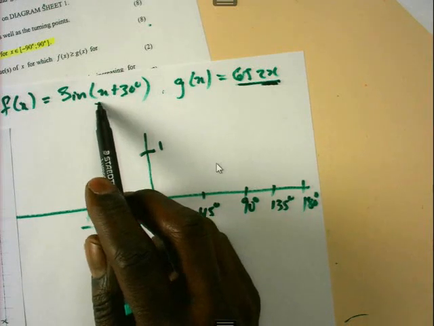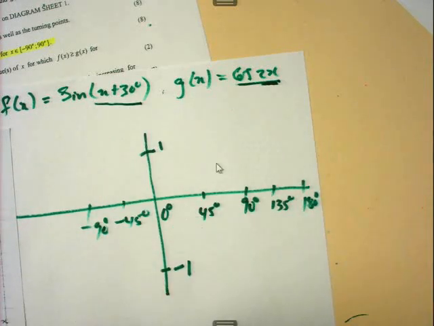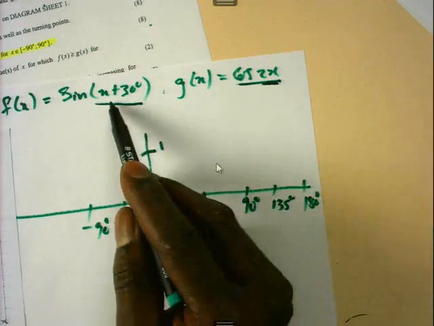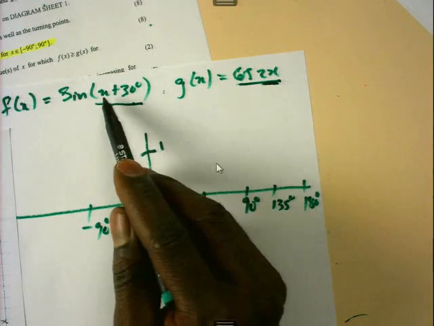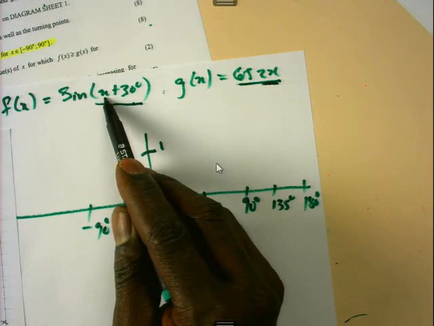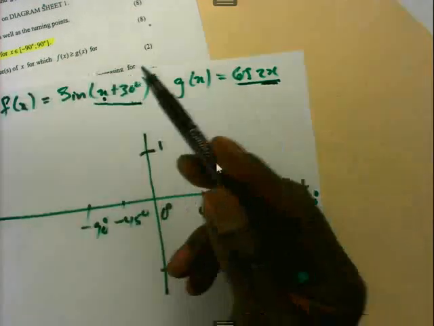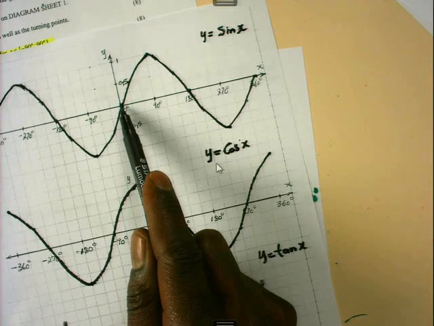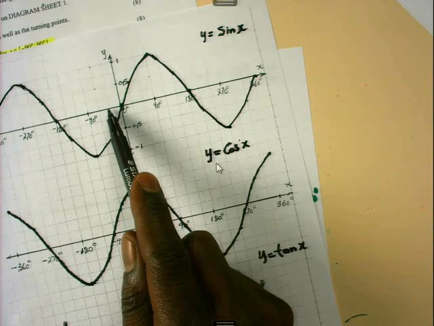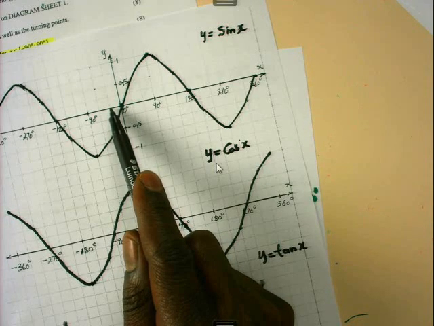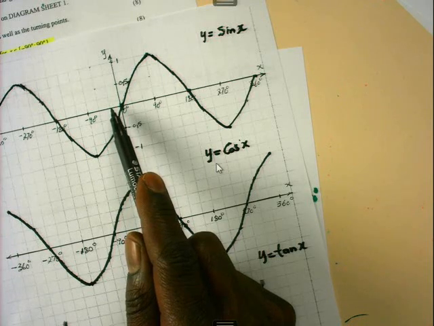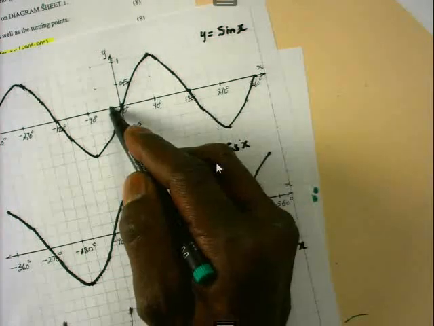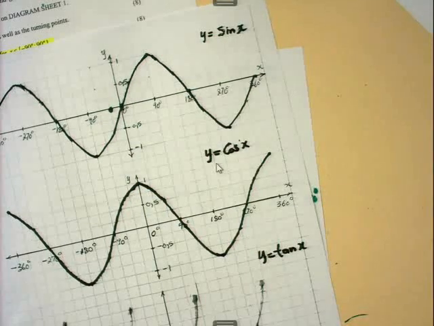We say, when will this bracket be 0? This bracket will be 0 when x is negative 30. Now, we are saying this point must move 30 degrees to the left, meaning every point will behave as such.